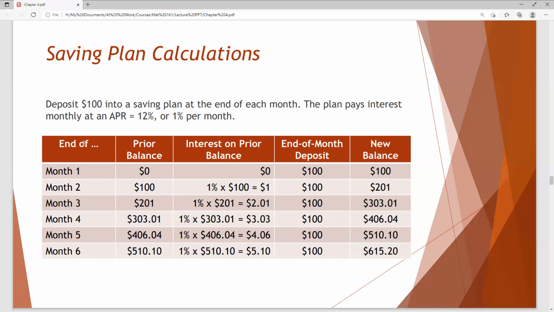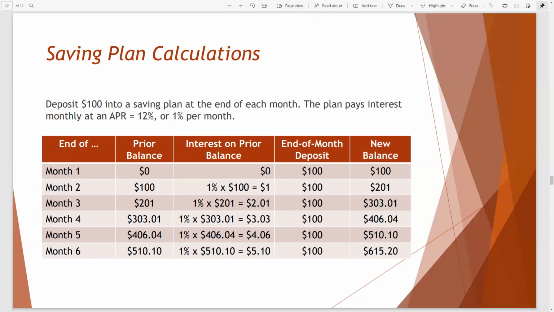So let's see the table for 6 months. In month one, the prior balance is $0. No interest is applied, but at the end of the month you deposit $100, so the new balance is $100. At the beginning of month two you have $100, and during that month 1% interest is applied, giving $1 interest.